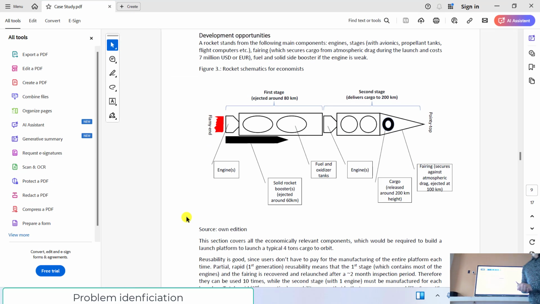So, after last week we designed our beautiful launch vehicle, today it's time to see what the added value of this is.